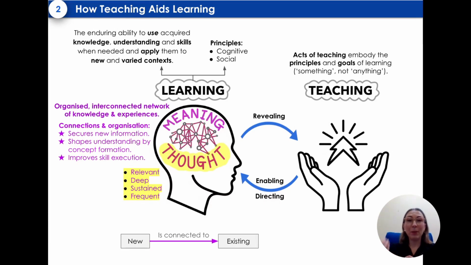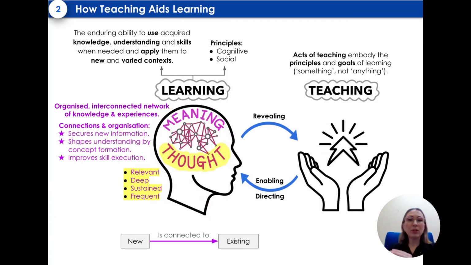And the participation is driving that thought as well. We need to also direct that thought. We need to have learning intentions and success competencies. We need to be very clear about our procedural instructions so that pupils can then think really deeply about the content matter and the concepts that we're trying to teach them.